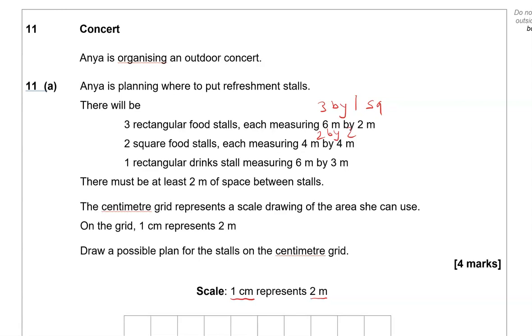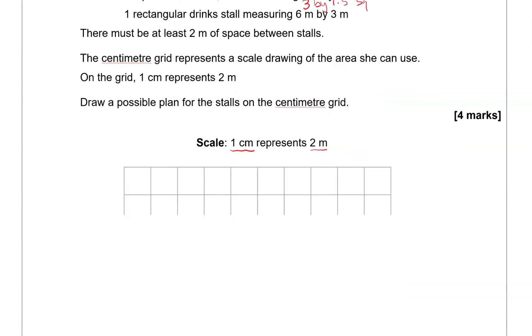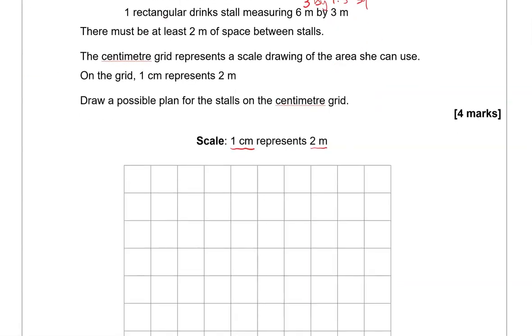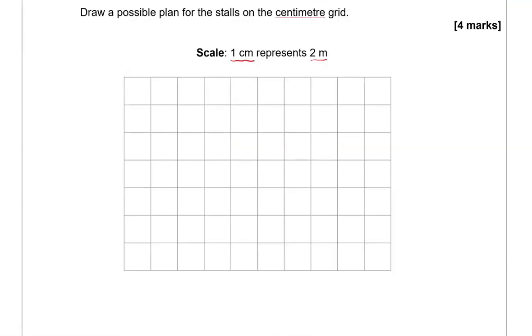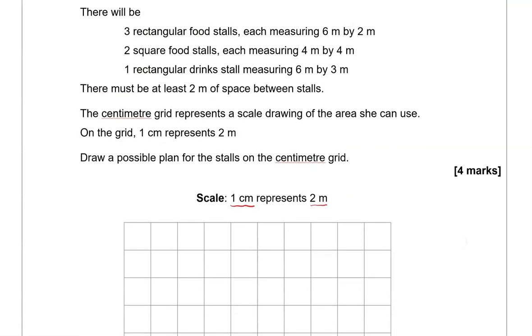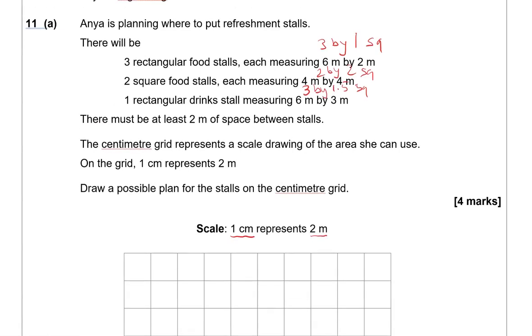The drink stall will measure 3 by 1.5 squares. Let's try and draw them now. And also there must be at least 2 meters of space between the stalls, so that will mean 1 square.